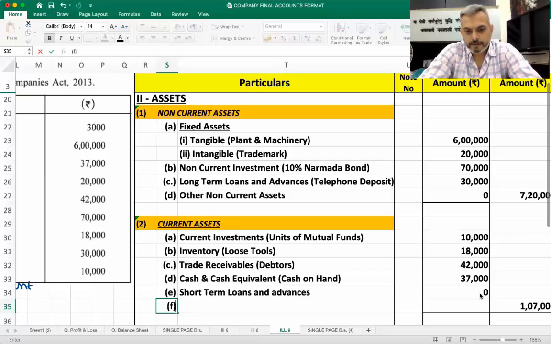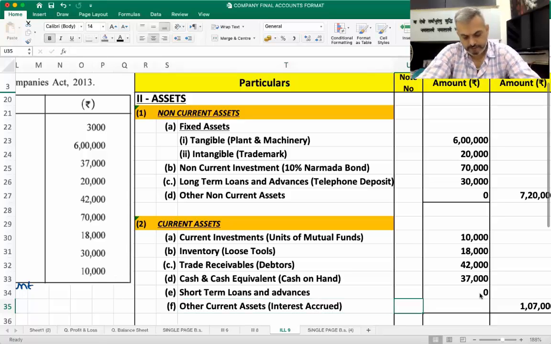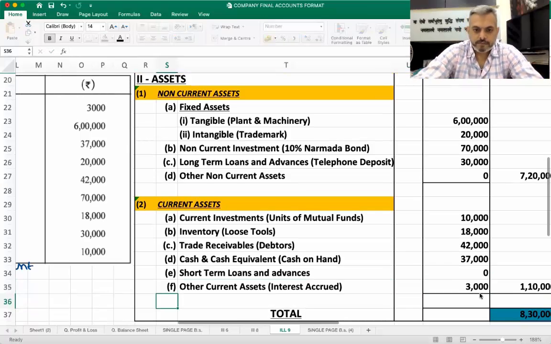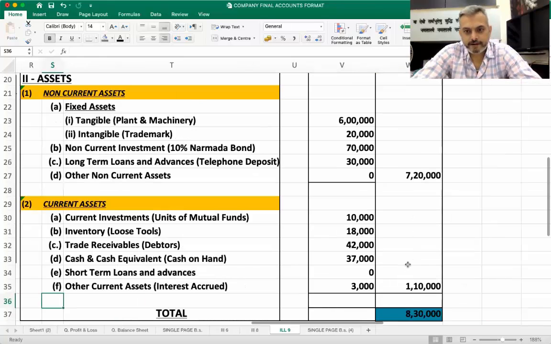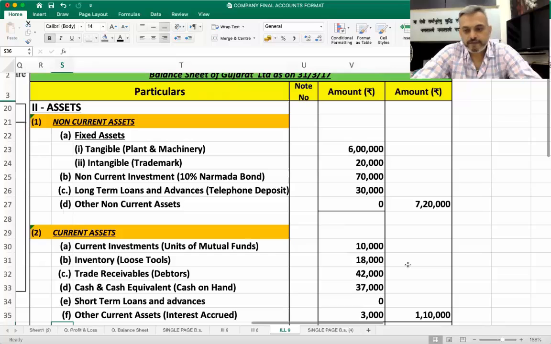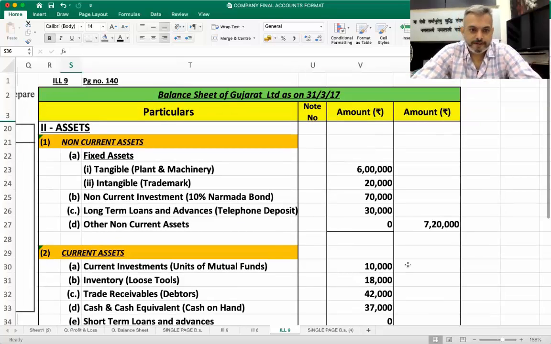Other current assets. We have the first one, interest accrued. That is 3,000. So total comes to 8,30,000. Such sums can come for 11 marks. Okay, possible. That's it. Go through it.